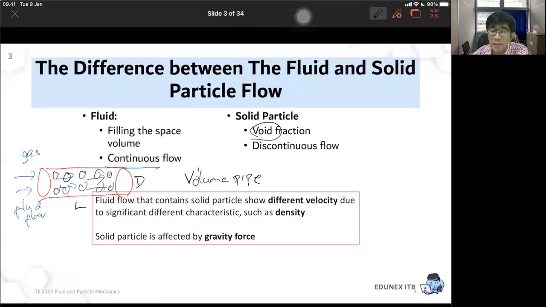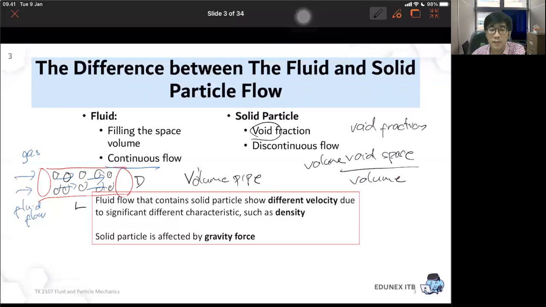But if you have particles, then the gas is only flowing in the empty space, the void space. And we will have what we call void fraction. Void fraction means the volume of void space divided by all the volume of the pipe.